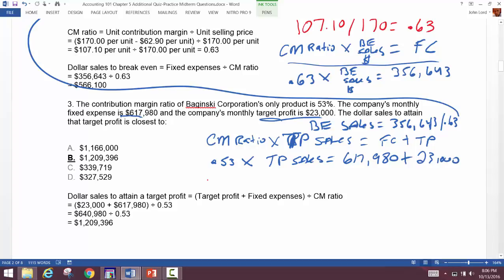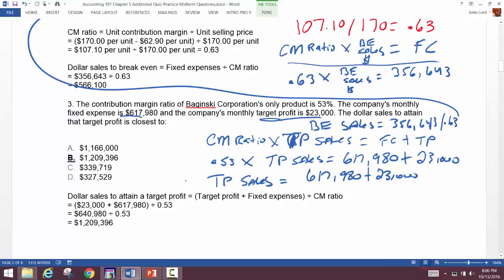Isn't this fun? Target profit sales then has to equal 617,980 plus 23,000. Somebody got a total there for me. What is that? 640,980.